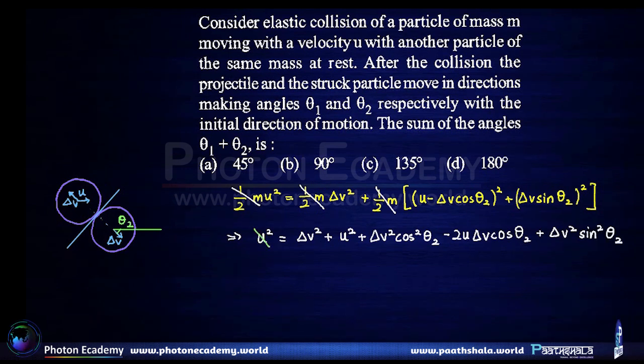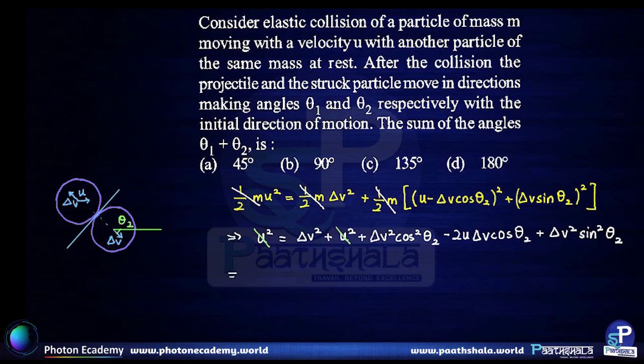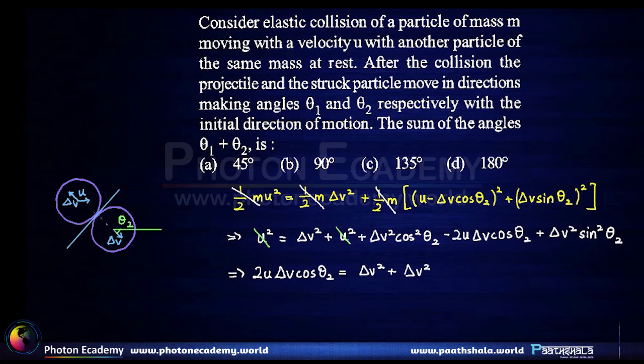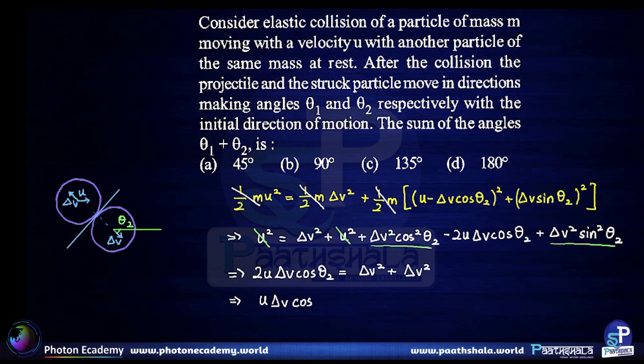Now even u squared can be taken out of the equation, and we have 2u delta v cos θ2 is equal to delta v squared plus delta v squared. The second delta v squared comes from these two terms here, delta v squared cos squared θ2 and sin squared θ2. So we have u delta v cos θ2 is equal to delta v squared.